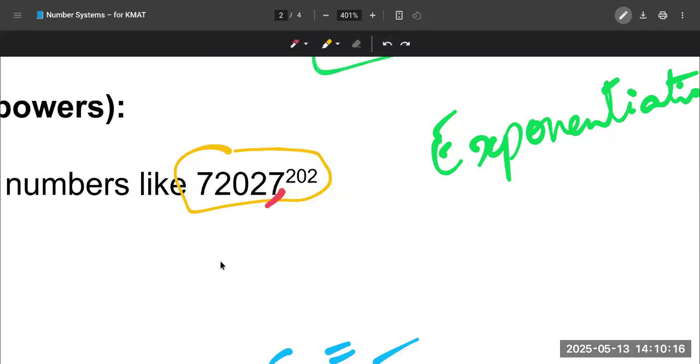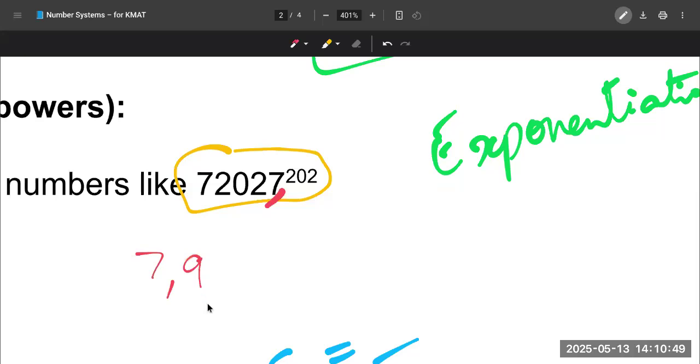What are the powers of 7? 7 raised to 1 is 7. 7 squared is 7 into 7, which is 49.